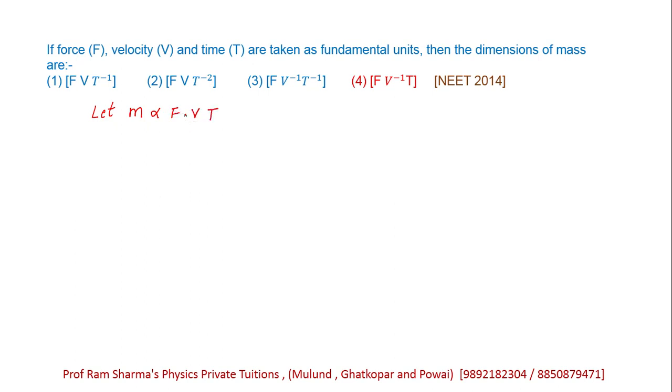And because we do not know the powers, we'll call the powers of F as X, V as Y and T as Z. Now let us substitute the dimensions of the quantities on the left as well as on the right.